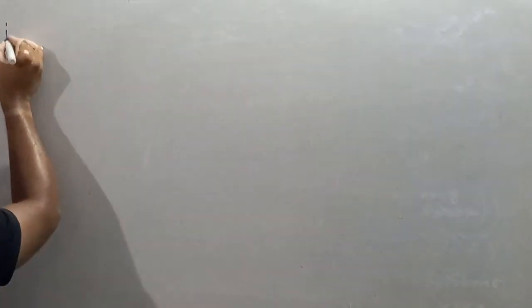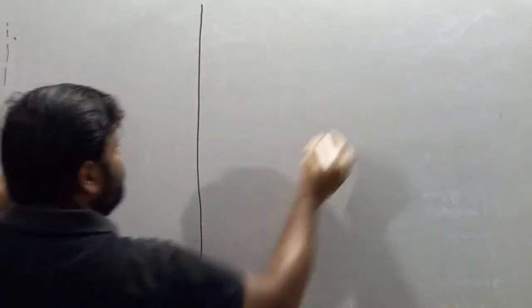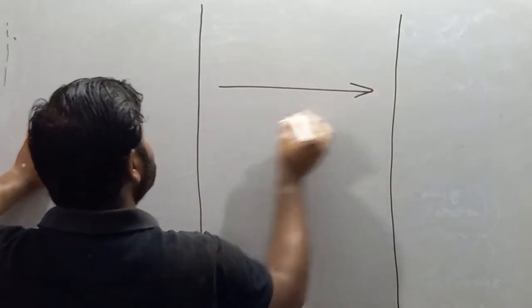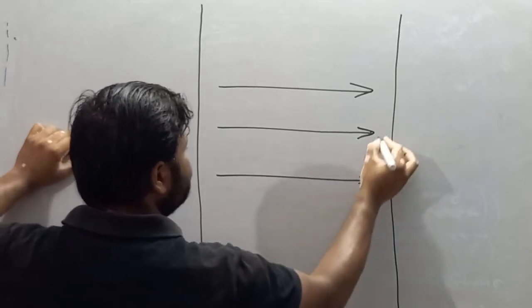So see, let's suppose we have a uniform electric field E having magnitude E. This is your uniform electric field.